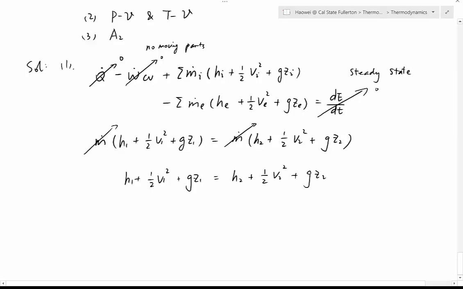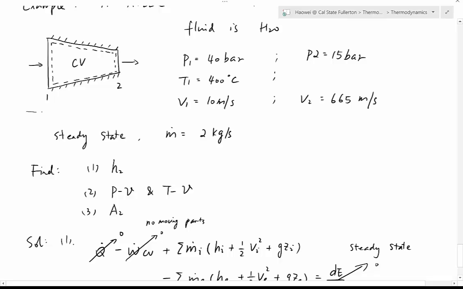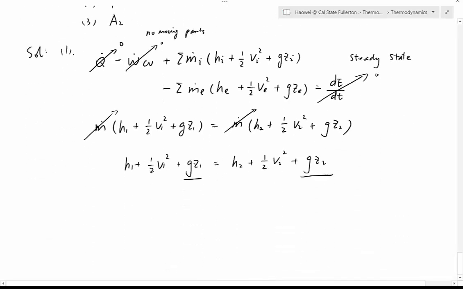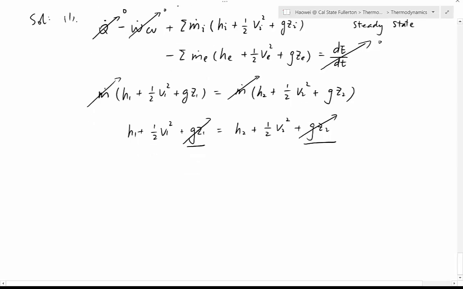And next, we can cancel g z1 and g z2. Why? Because z1 and z2 are the same. z is the height. So let's say, for example, this is the ground. Where's z1? z1 is here, and z2 will be here. You can see z1, the height, is equal to z2, the height at the exit. So cancel out z1 and z2.